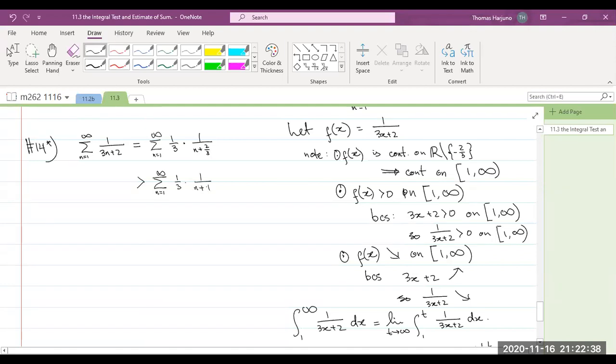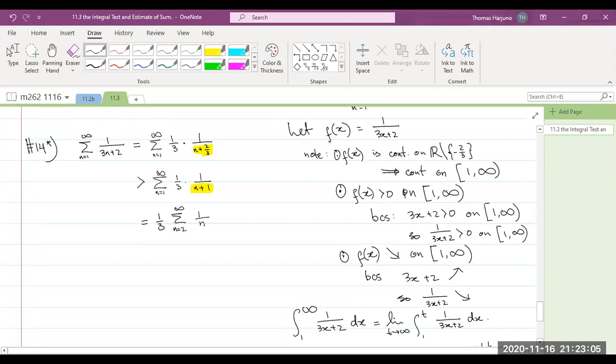Now this one, you think about it a little bit. I divide by something larger. This guy is smaller than this, right? But because I divide by something larger, then the quotient will be smaller. Now that guy is equal to 1/3 the summation from 2 to infinity of 1 over n.